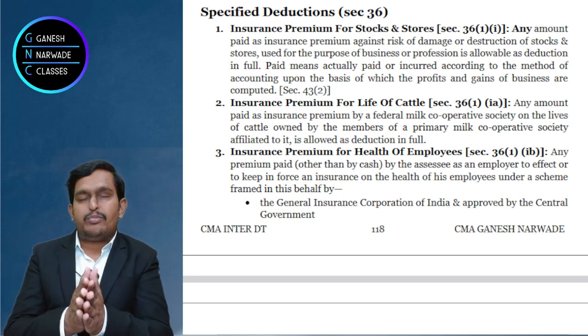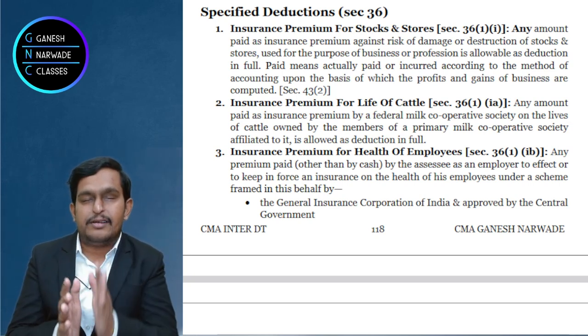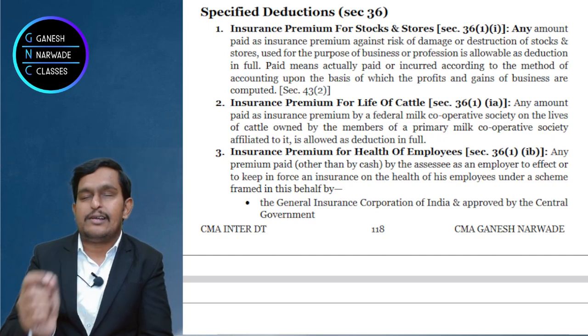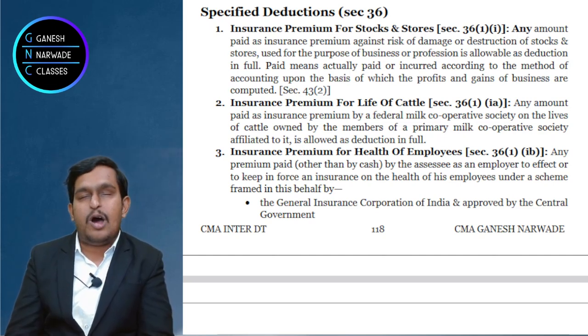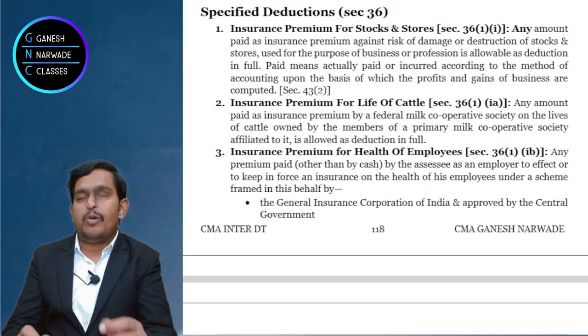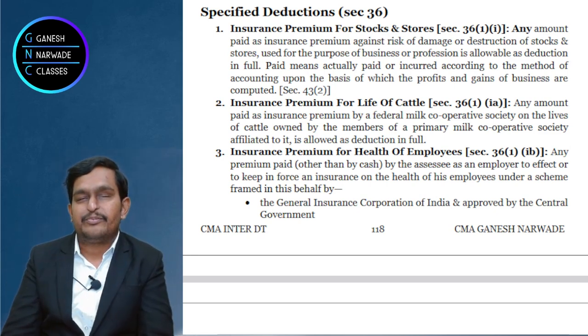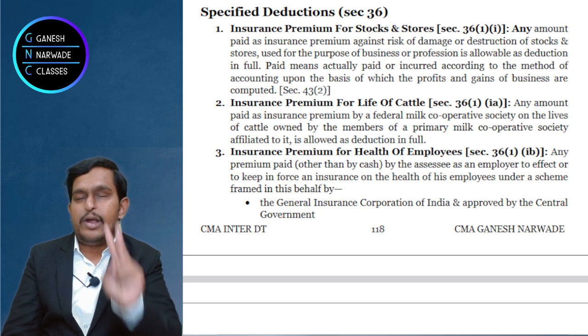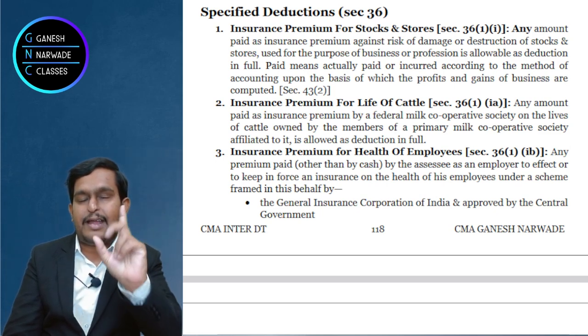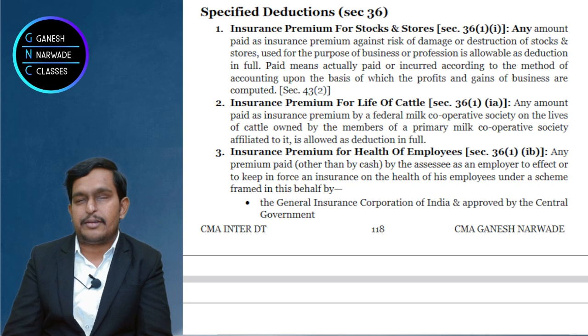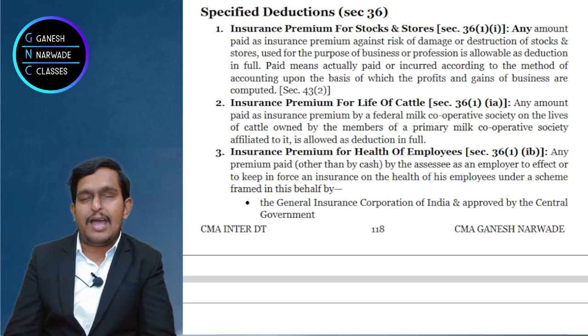Now second point, observe, this is very important. The insurance premium you may have actually paid or you would have incurred, it's all okay, but you have to follow the method of accounting. I'll tell you the proper way, something which is very important for you. There are two heads of income, PGBP and other sources. Here your income is computed as per the method of accounting you follow.